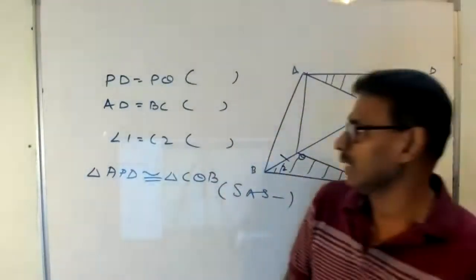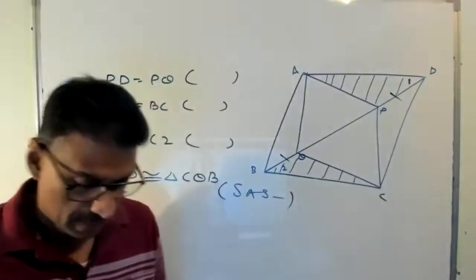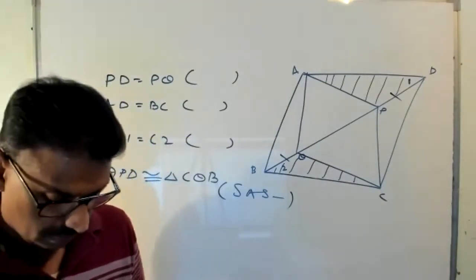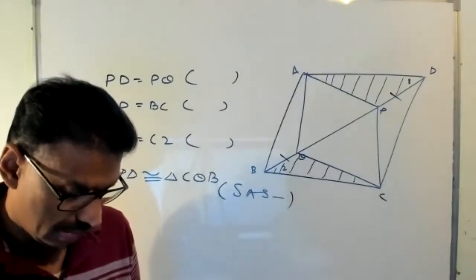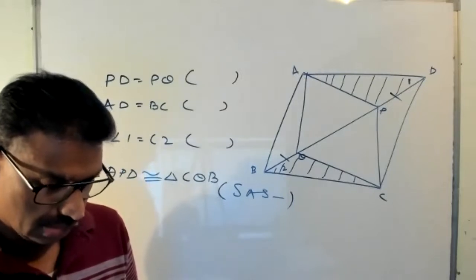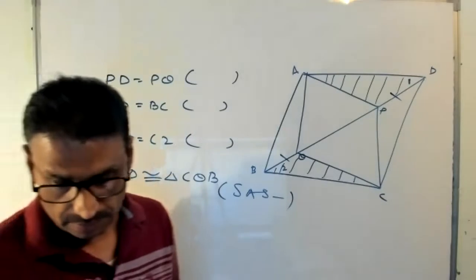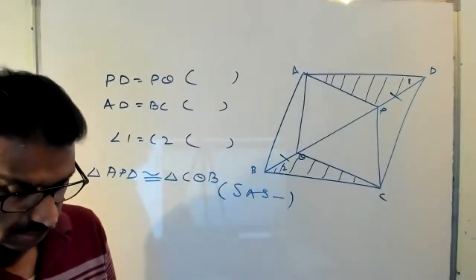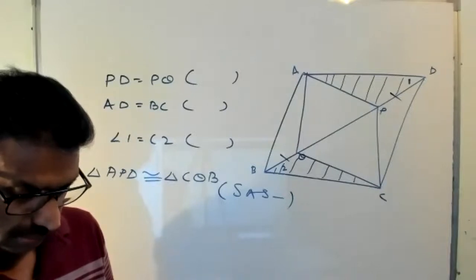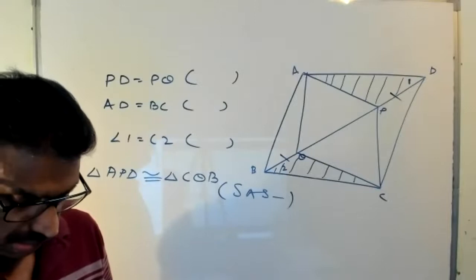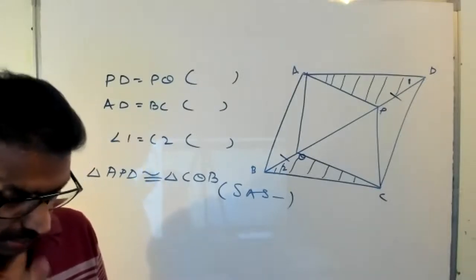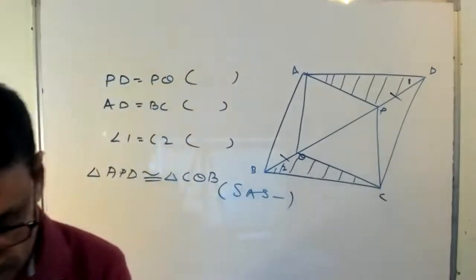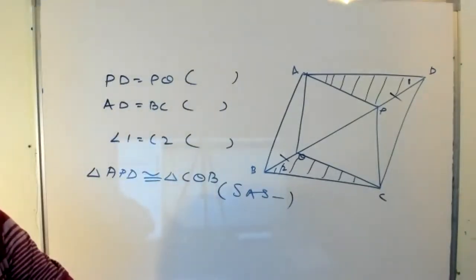Right. Proof. In triangle APD and CQB, PD equal to BQ.